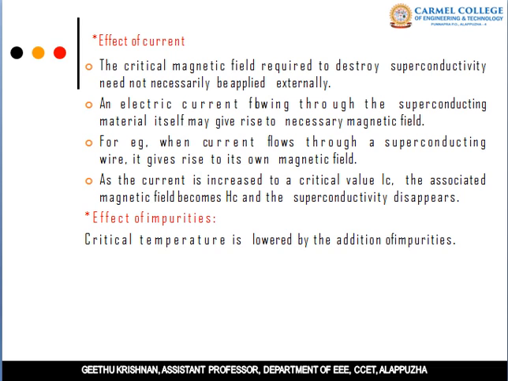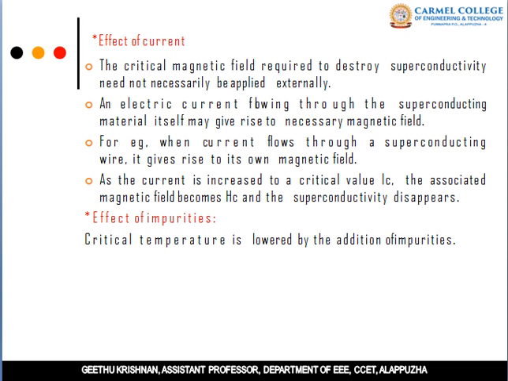And the next one is the Meissner effect. The Meissner effect is one of the important concepts of a superconducting material. We know that from 0 to the critical temperature or transition temperature Tc, some metals act as superconductors.